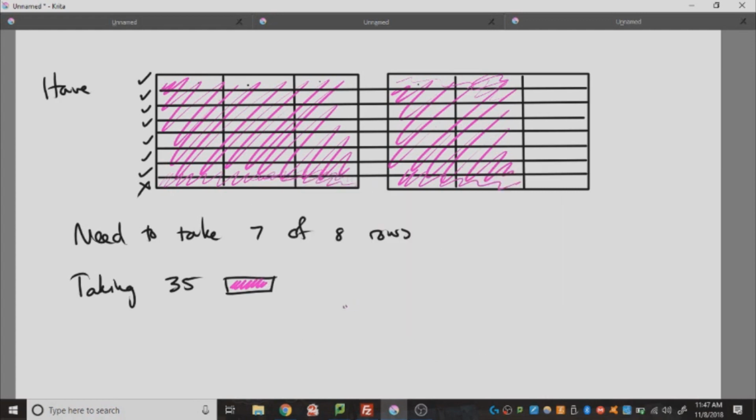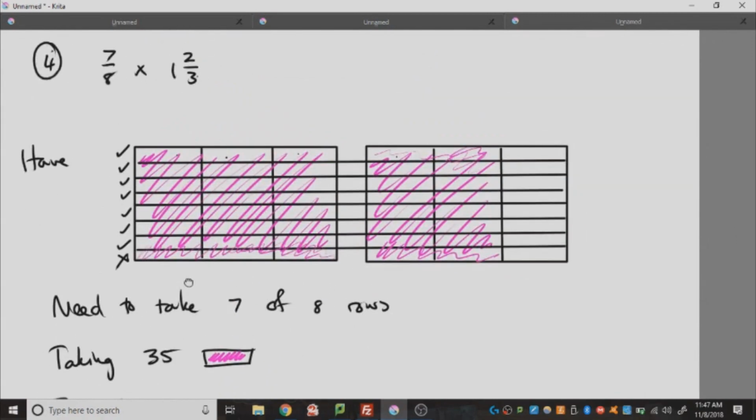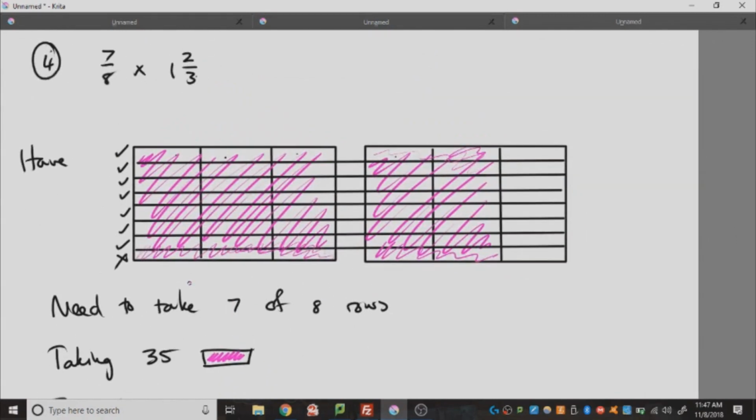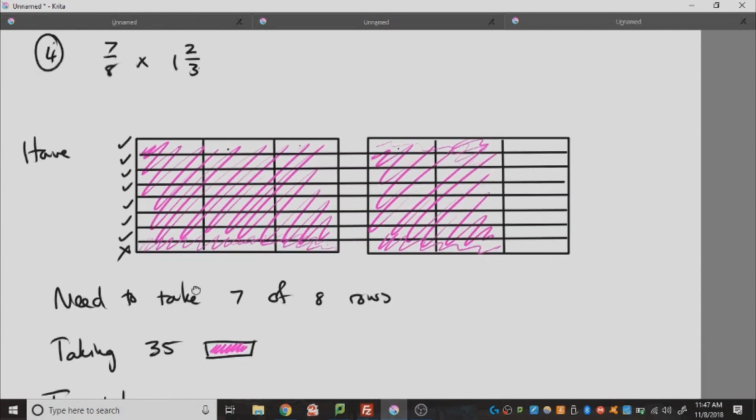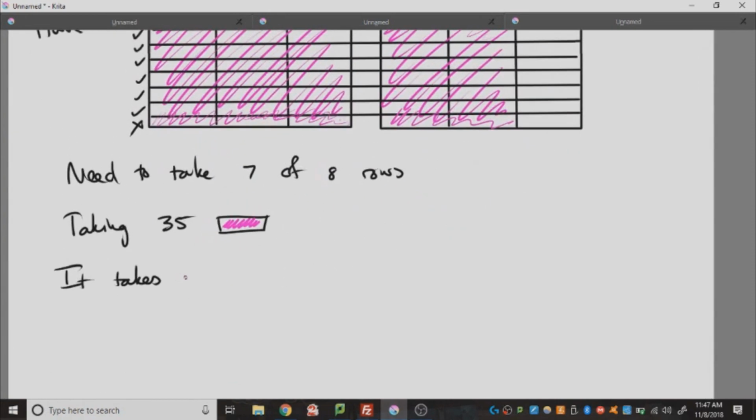Then I just need to figure out how this relates to a whole rectangle. So it takes how many to fill a rectangle? No, I'm asking. 24. Something's not right. I just continue? Okay. 24 pieces to make a whole.